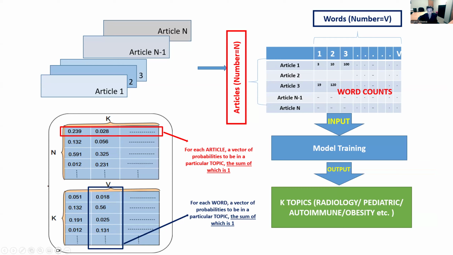We assume that there are k topics, for example, radiology, pediatrics, autoimmune, obesity. The key idea is that each paper can represent multiple topics. So we wanted to discover a topic distribution over each paper and a word distribution over each topic, which can be represented by two matrices on the left, n by k and k by v.